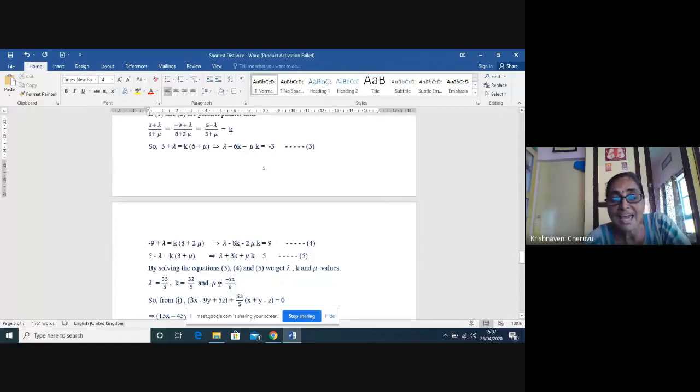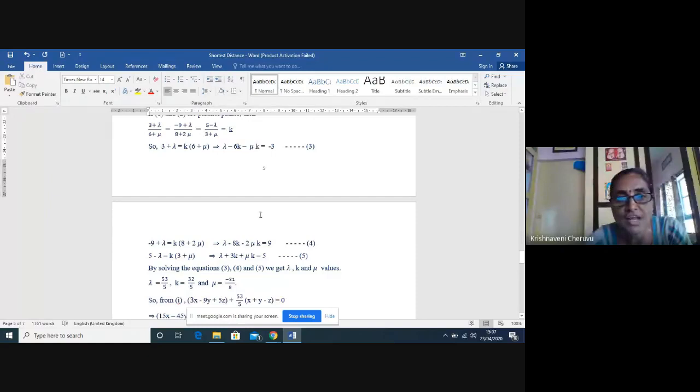Like this I discussed how to solve equations of this kind when we were doing coplanarity problems. Once again I'm saying, girls, here you have three unknowns and three equations. The first thing is to eliminate the product term mu k. How to eliminate depends on the equations. Luckily here, if you add 3 and 5, mu k will be eliminated.